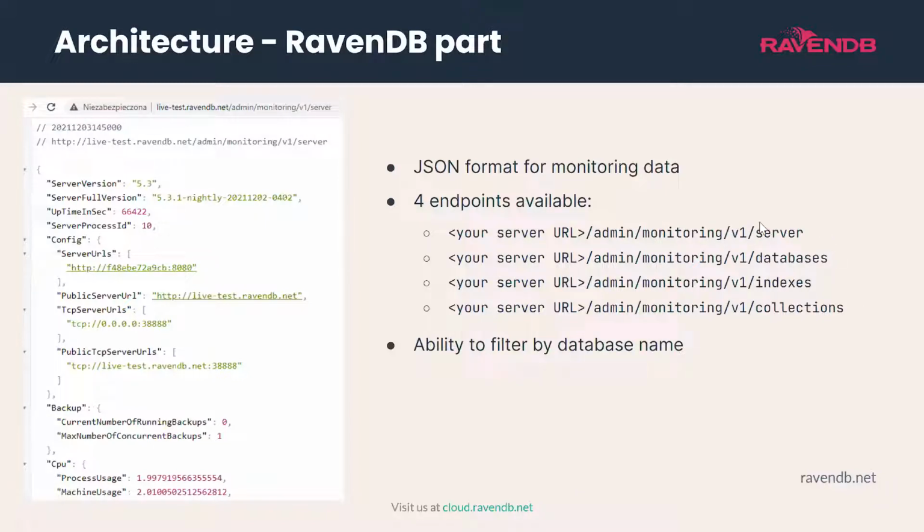We have general information about the server, about the databases, indexes, and collections. And since when we monitor collections, there might be many of them, in order to reduce the load required, we allow filtering by database name, which reduces the system load.